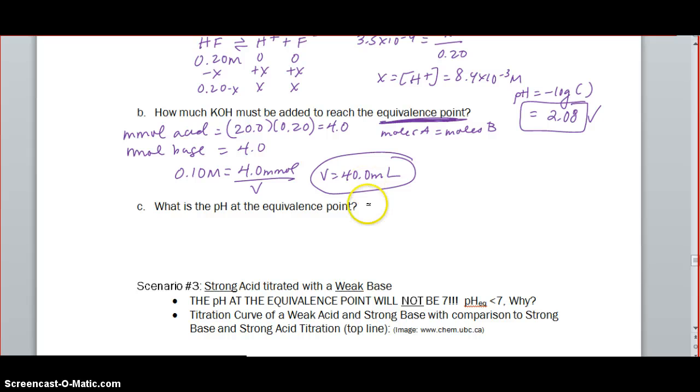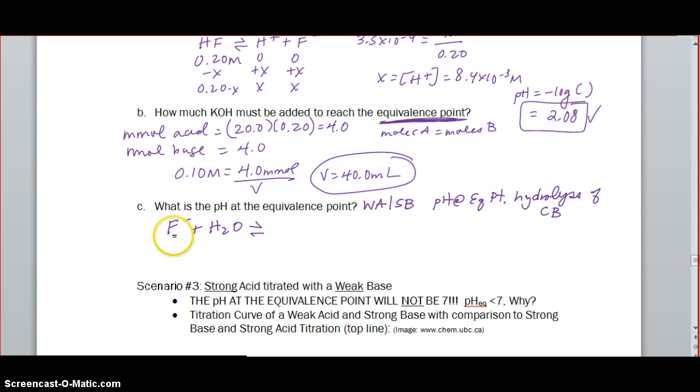Okay, say to yourself, this is a weak acid with a strong base. The pH at the equivalence point is governed by the hydrolysis of the conjugate base. Okay, so who's the conjugate base? F minus. What does hydrolysis mean? Fancy word for saying he's interacting with water.